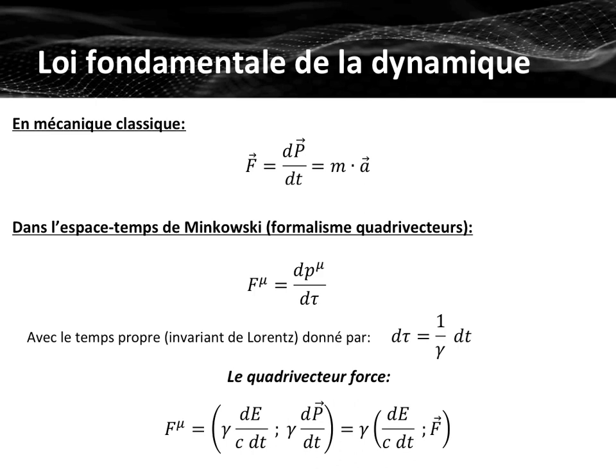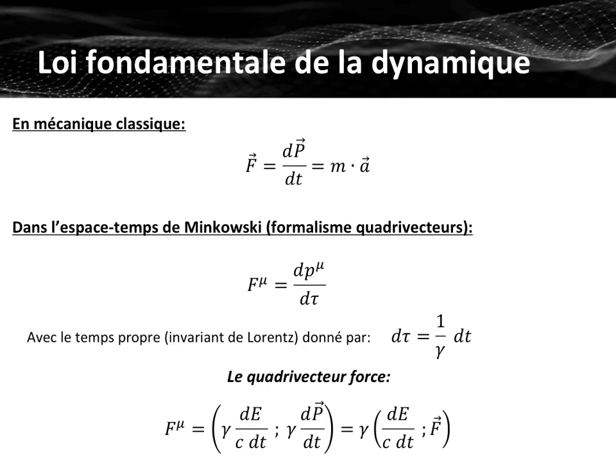Now, if I want to write that down in the space-time of Minkowski using the four-vector formalism, I will define a four-vector force, F mu, which would be the variation with respect to the proper time, d tau, of the four-vector momentum, p mu.